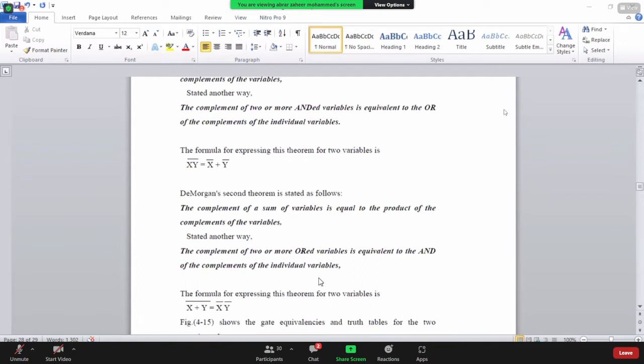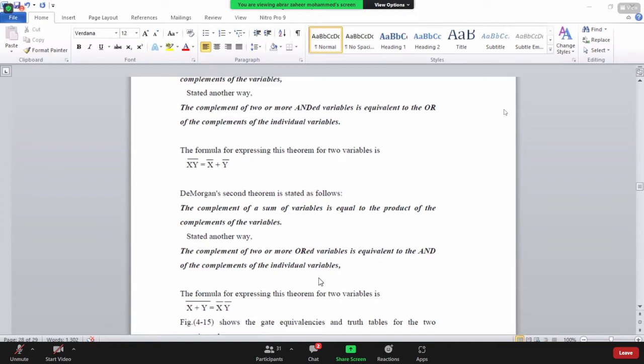De Morgan's second theorem is that the complement of a sum of variables is equal to the product of the complements of the variables. That is x plus y the whole bar is equal to x bar dot y bar.